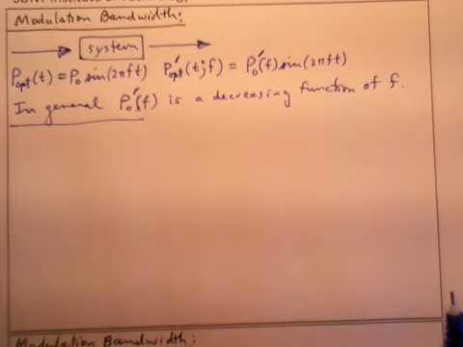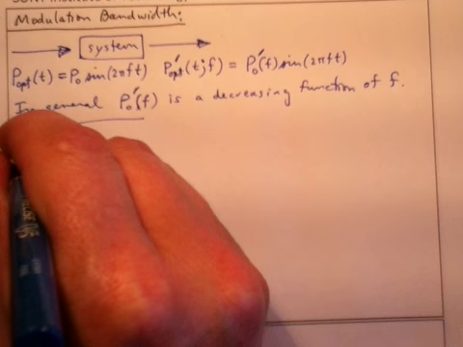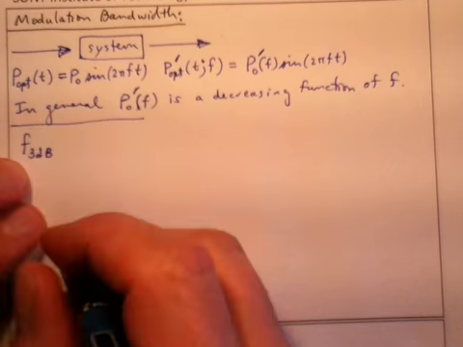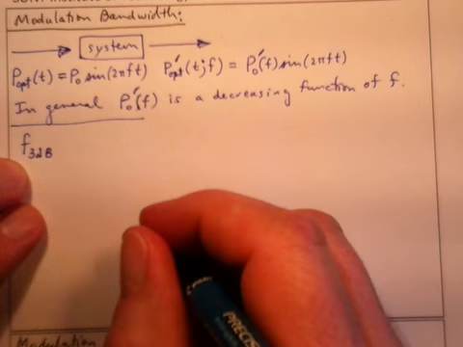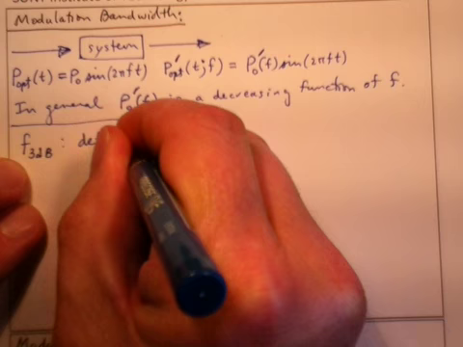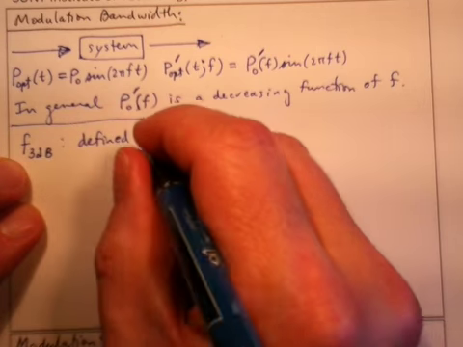Okay, and so what we're going to do is define the 3 dB bandwidth, f3 dB, as the frequency at which that output is half of the input.